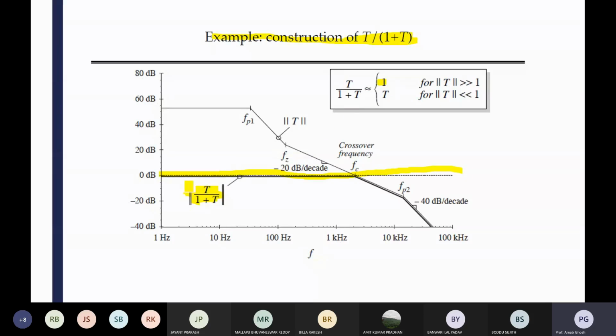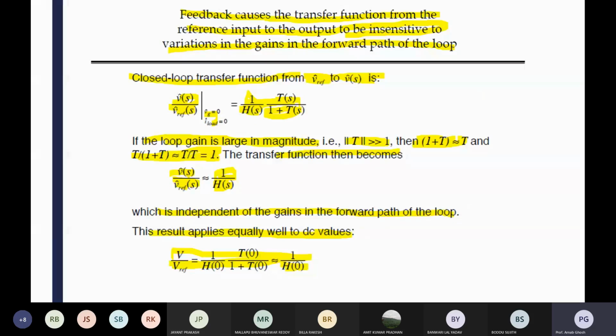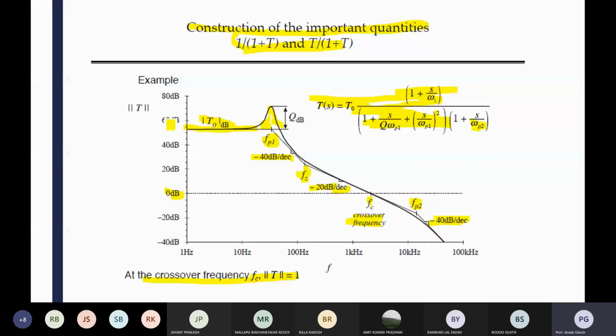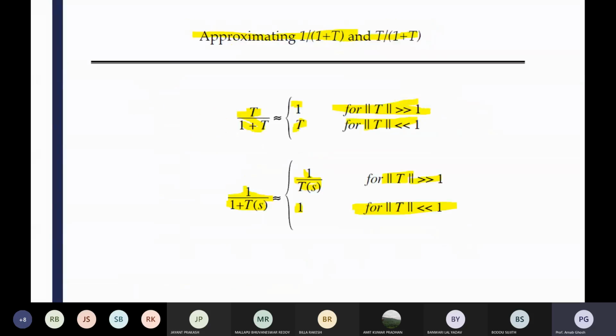It is started from that value. Then the same thing is also followed like your previous equation. So what was your transfer function? That was your transfer function. So it is starting from some gain value, then it is maintaining that value.